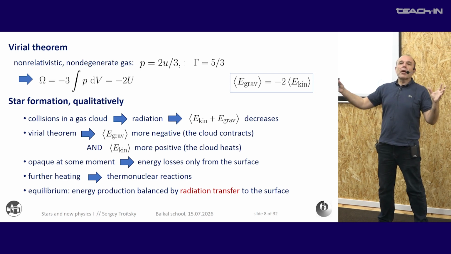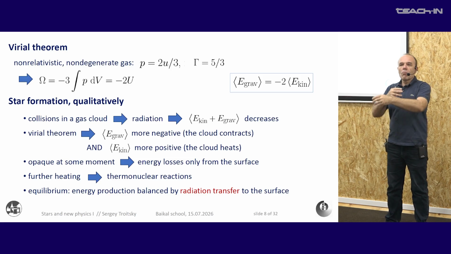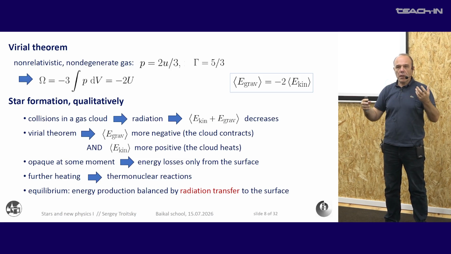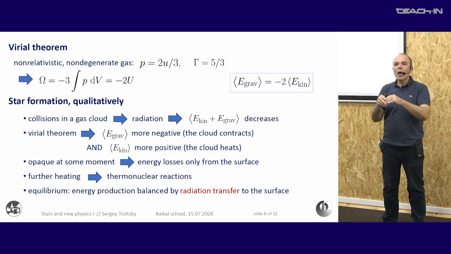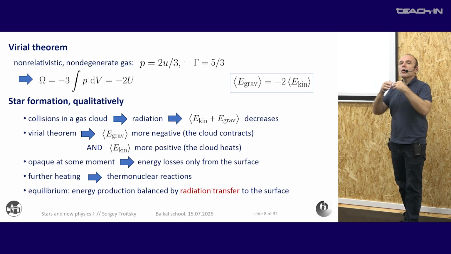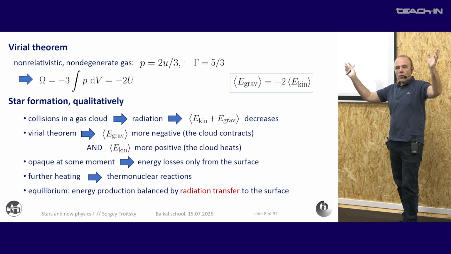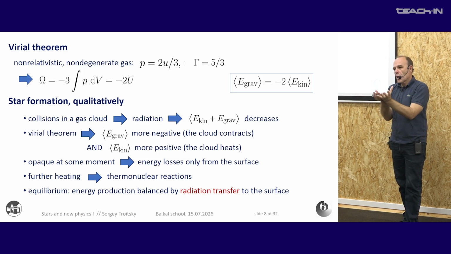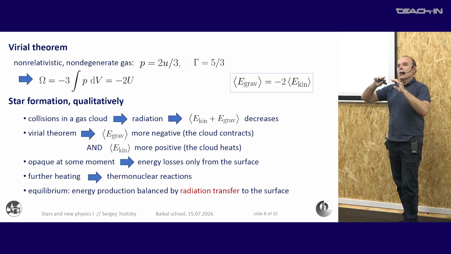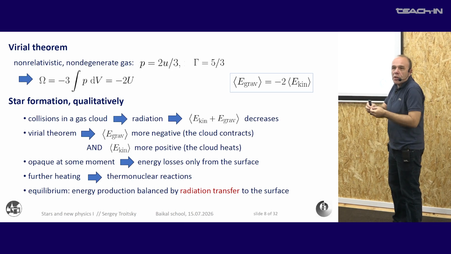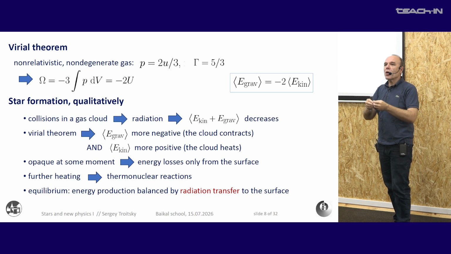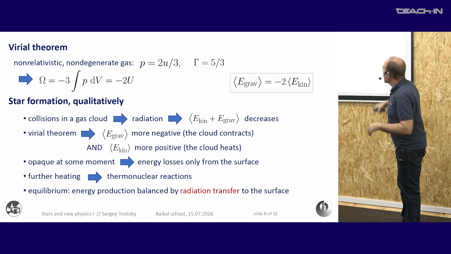Take a cloud of gas, but this will be non-ideal gas, because we should allow particles to collide and to somehow remove energy from this imaginary cloud. In which way? By radiation, or just by particles flying away with some kinetic energy.